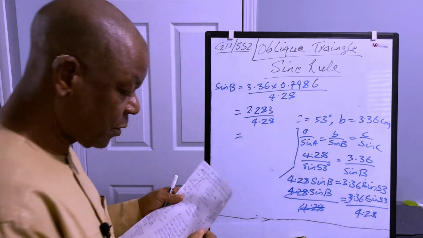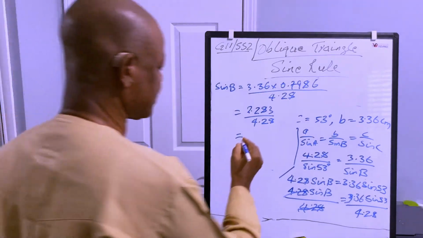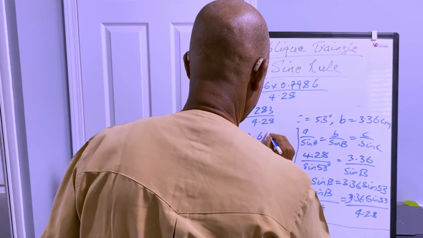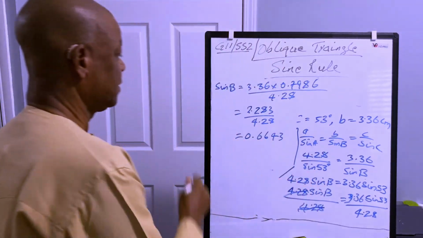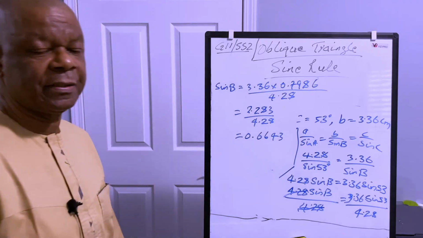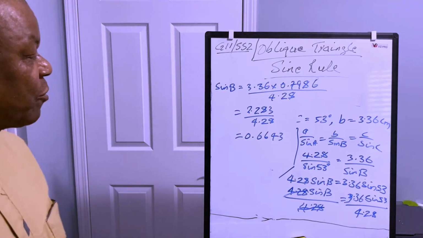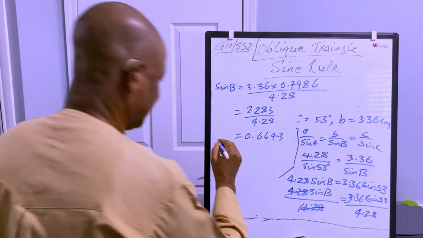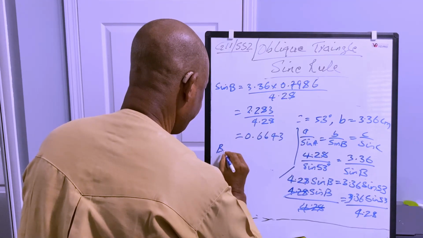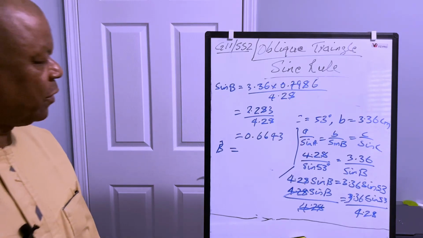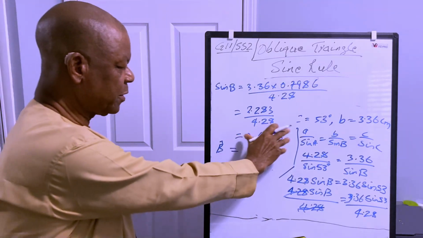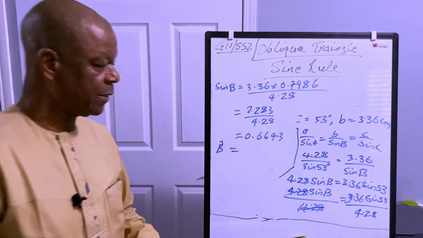That will now give us, if we divide, 0.6643. This is the value of sine B. Remember, we are looking for angle B. We now say angle B is equal to, we check the value of this in the body of the four-figure table, to give us the angle.